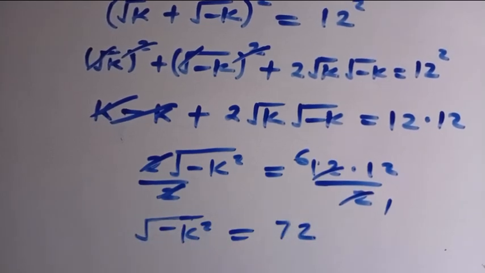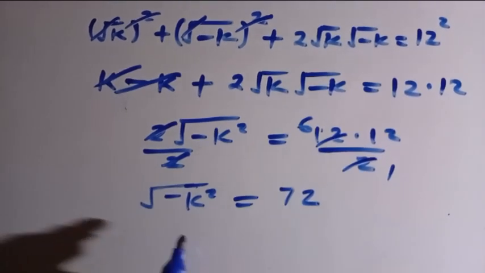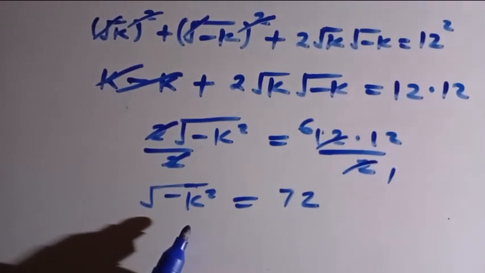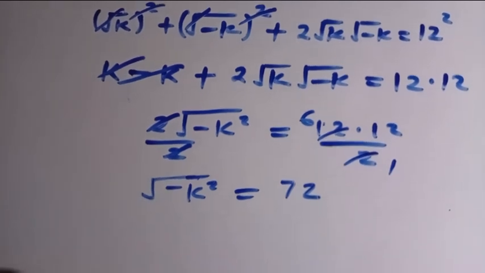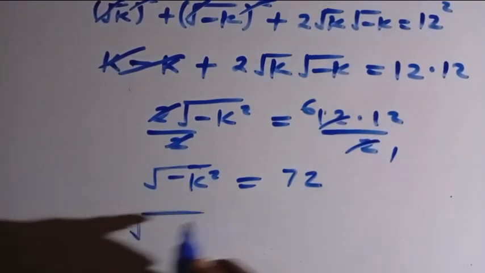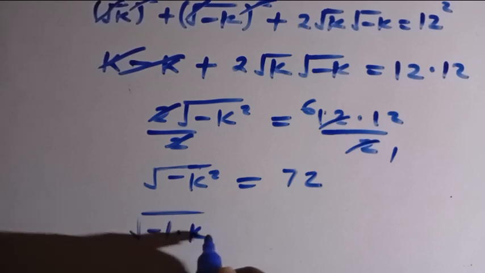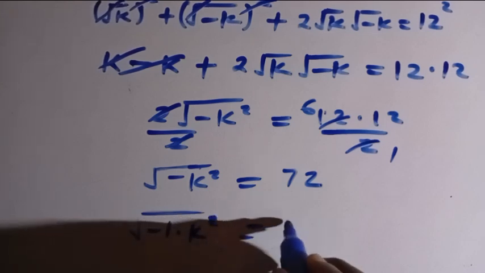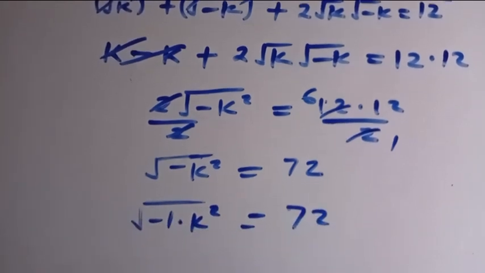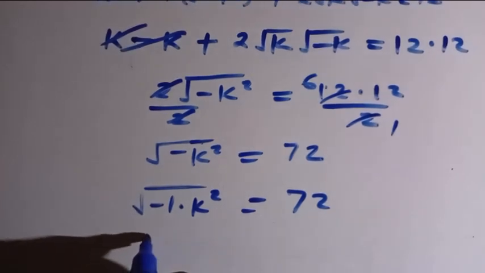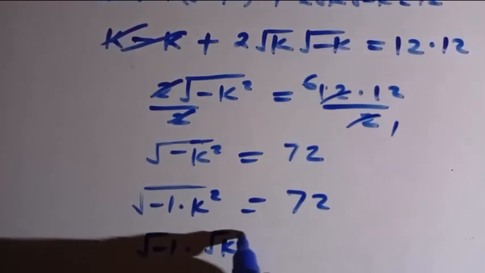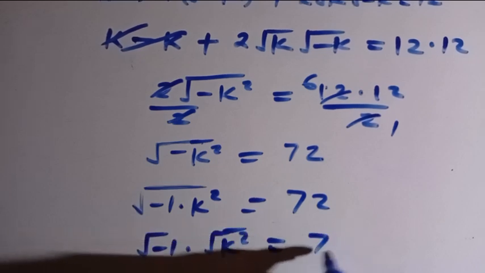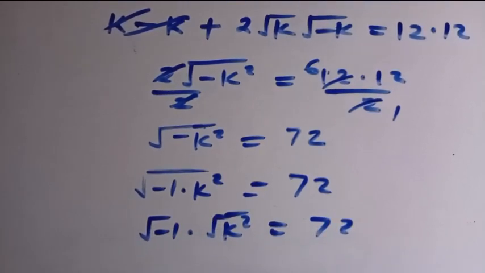So after having this, we have the square root of minus k squared equals 72. We can separate this as the square root of minus 1 multiplied by k squared equals 72. By separating this, it becomes square root of minus 1 multiplied by square root of k squared equals 72.